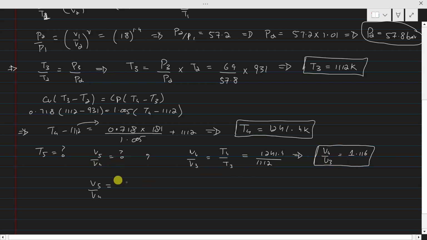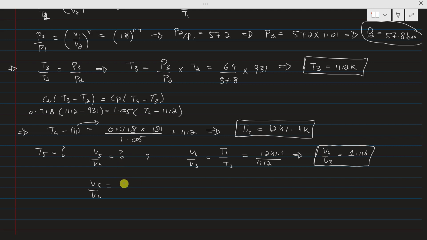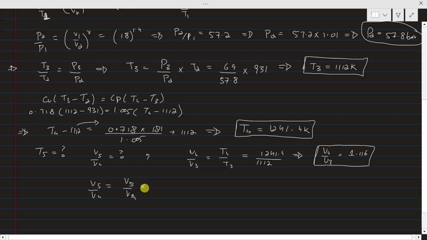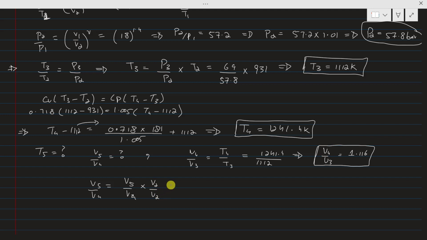To find its value, I can write V5 by V4 multiplied and divided by V2.